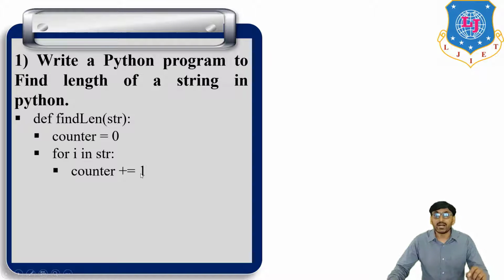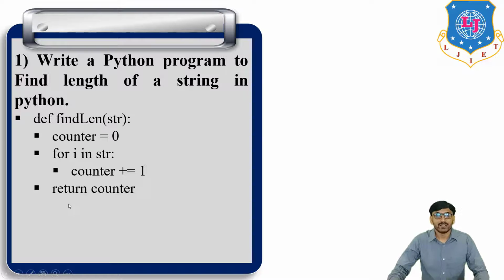It means counter is equal to counter plus 1. So counter plus equal to 1 means counter is equal to counter plus 1. So this loop continues for every element of the string str.